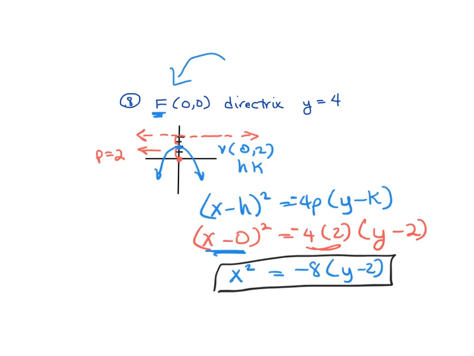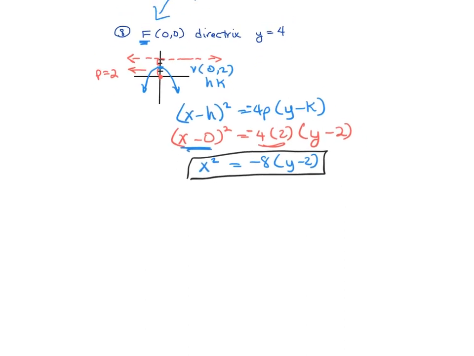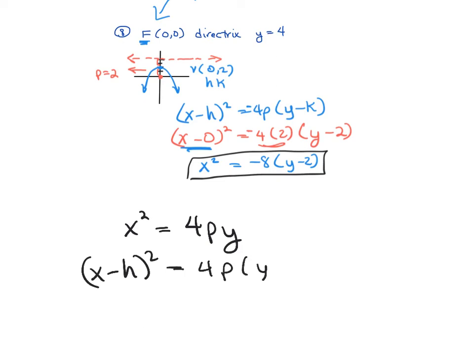Now, if you'd rather just memorize 2 equations, you can do that. Keep in mind that with this x minus h squared equals 4p, y minus k, really what we could do here is just use this one, because if you noticed, when I plugged in a 0 here for h, it turned into this x squared.